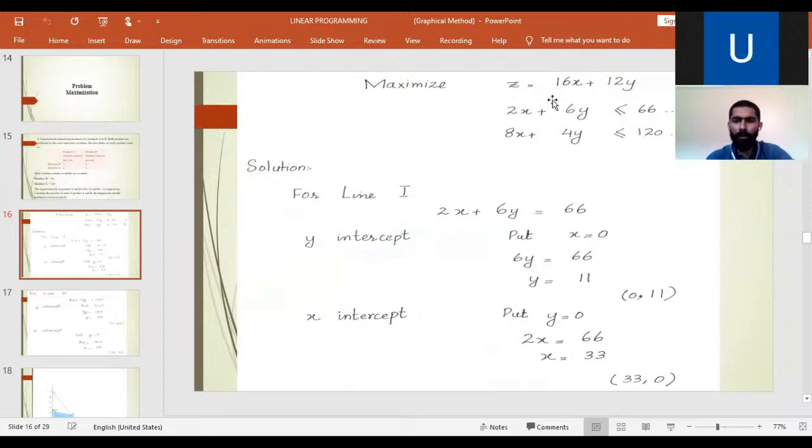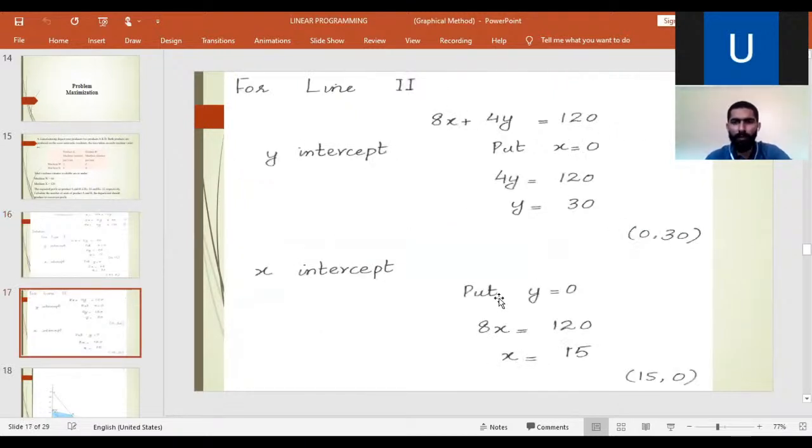Here we have calculated the value of y, which is equal to 11. Similarly, for the same equation, we will intercept the x-axis by putting the value of y equal to 0. After that, we will get the value of x. Similarly, we do the same process for equation 2 and we will get the value of x and the value of y.